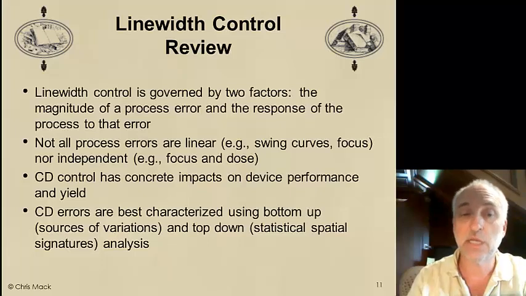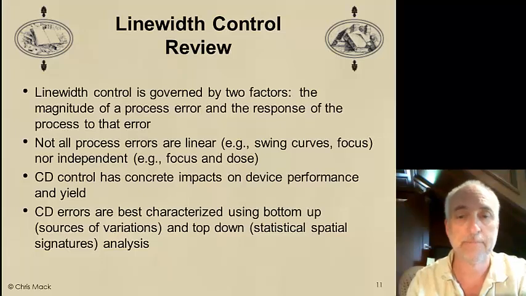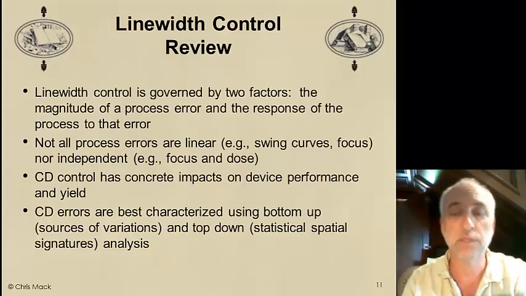And finally, CD errors are best characterized by using both a bottom-up sources of variation analysis and a top-down statistical spatial signature analysis approach. I focus more on the top-down approach here, but you can imagine that the bottoms-up approach would involve a lot of detailed work of understanding the specifics of all the equipment and materials in use.